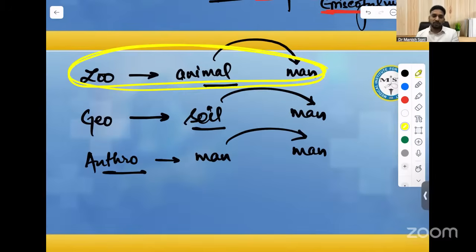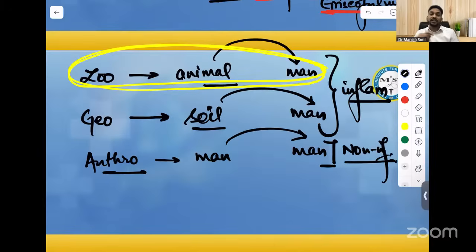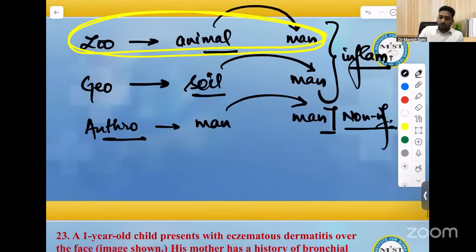Zoophilic dermatophyte has caused it, because zoophilic are the ones which move from animal to man. Zoo and geo cause inflammatory variant of tinea, while anthropophilic causes non-inflammatory variant. And kerion is inflammatory type. If you remember, tinea capitis is of two types.